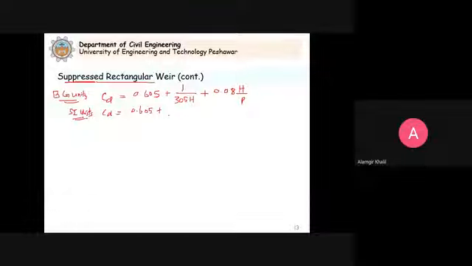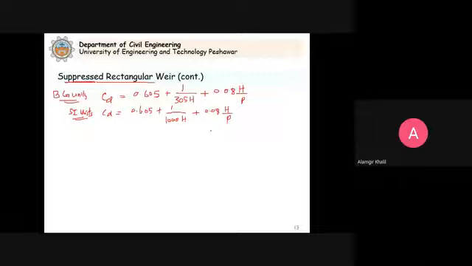So that CD will be equal to 0.605 plus 1 divided by 1000 H, plus 0.08 H by P. Now these equations were developed by conducting experiments. Clear? This CD needs to be calculated as accurately as possible.